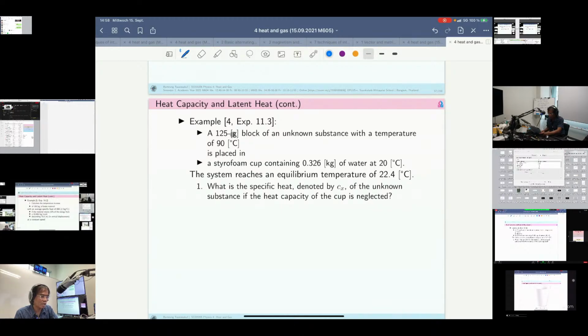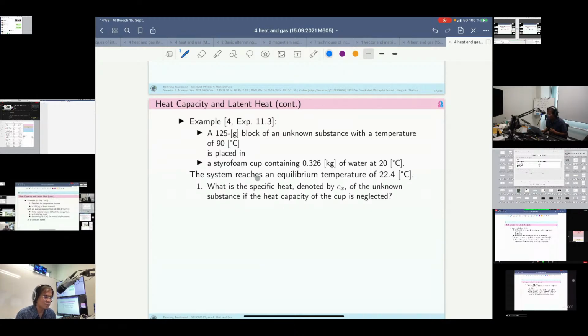We have a block of an unknown substance with a temperature of 90 degrees, quite hot at the beginning. It's placed in a styrofoam cup containing 0.0326 kilogram of water at 20 degrees Celsius.